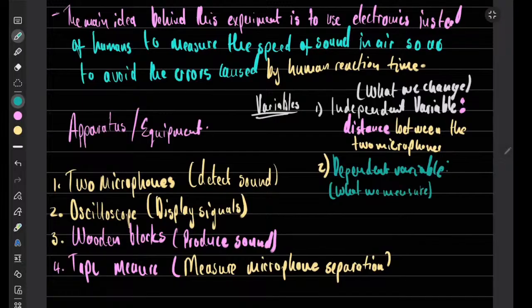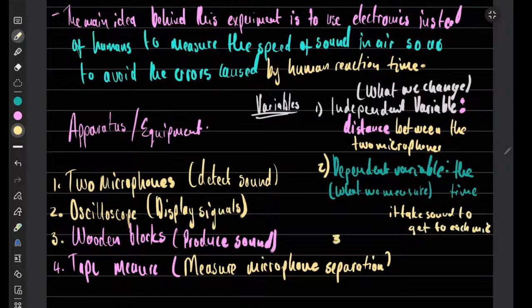The time it takes sound to get to each mic.